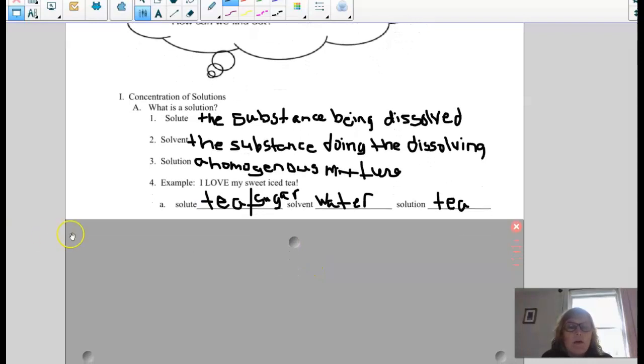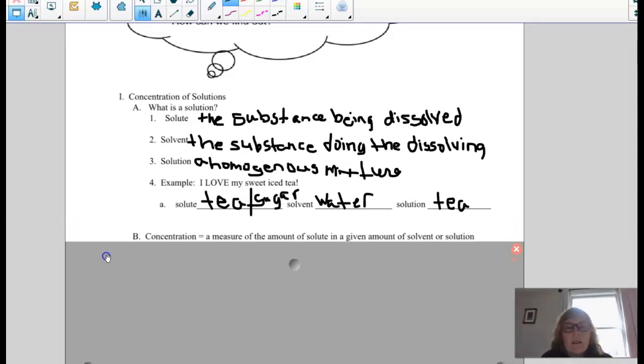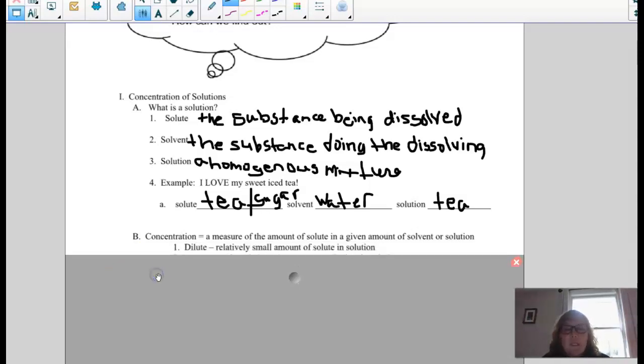What we're going to learn coming up is how we measure concentration in chemistry. Concentration is the measure of the amount of solute in a given amount of solvent or solution. Dilute means it has a very small amount of solute.